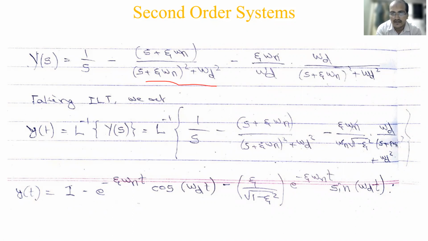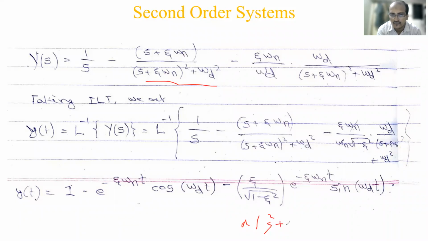In the third part, you know the sine omega t and cos omega t relation in Laplace transform. The Laplace transform of sine omega t is omega divided by s square plus omega square, right?